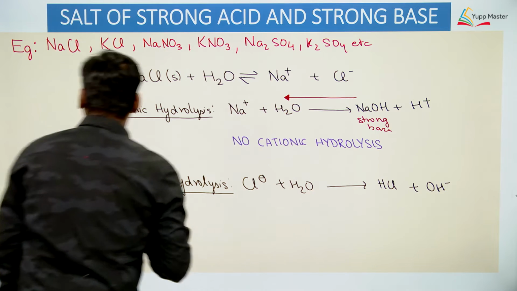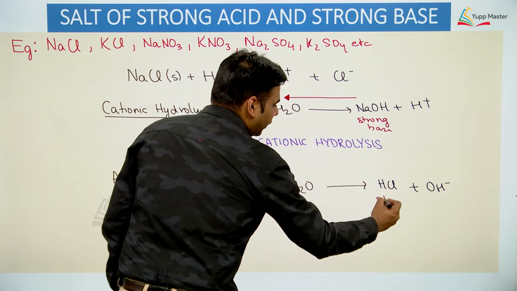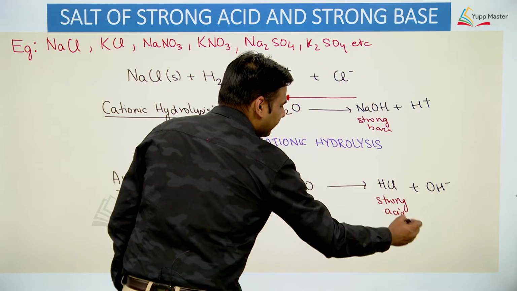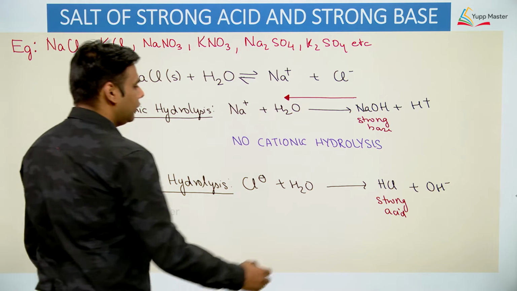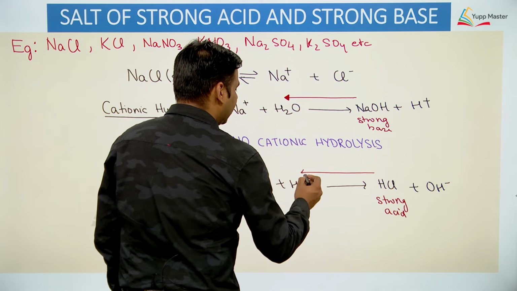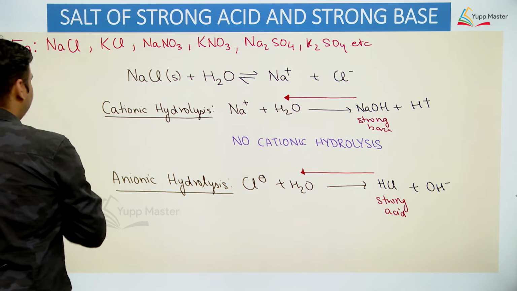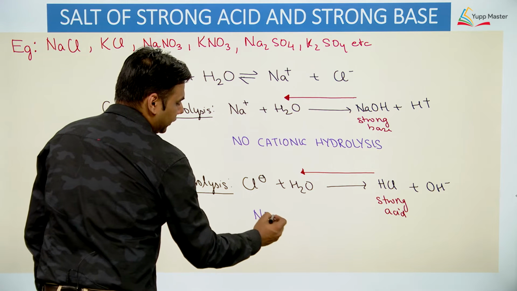Now in this case HCl is a strong electrolyte, so basically this is a strong acid, and we know that the strong acid will exist in dissociated form in solution, so it dissociates back into Cl negative. So again this reaction also goes to the backward direction. So in this case we say that no anionic hydrolysis is taking place.